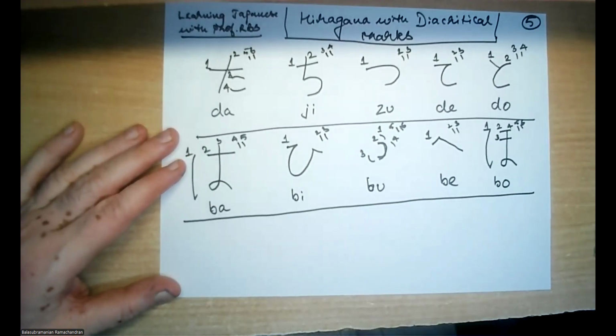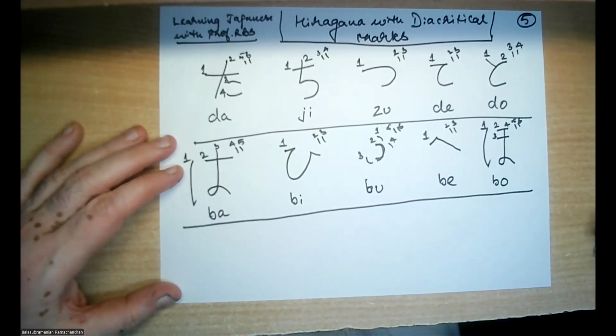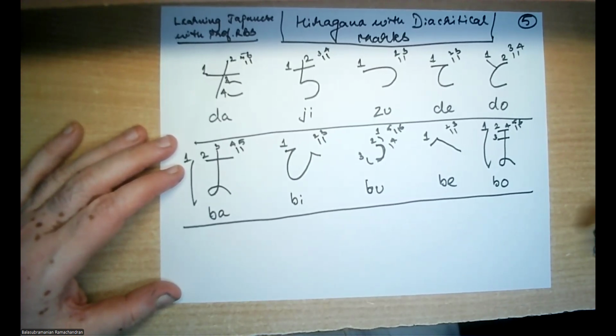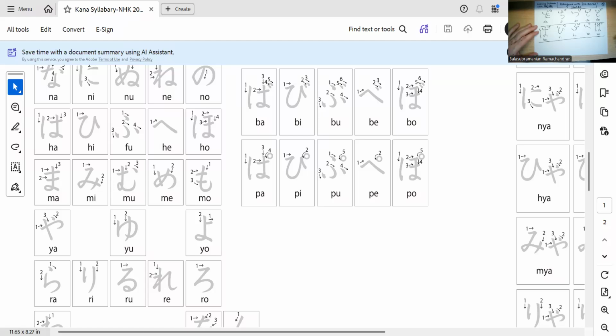Okay, let's look at the last series, which let me share screen with you and then it will become clear to you. One more series to go and then we'll end the video. We have the Pa series. Now the Ba and the Pa series are almost the same. The only thing is we write this with a different diacritic mark. So I am not going to write it here.